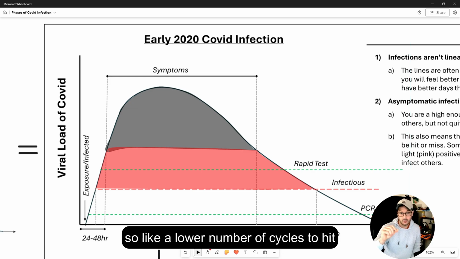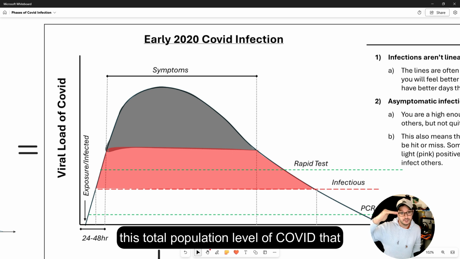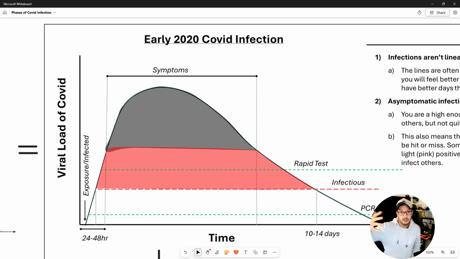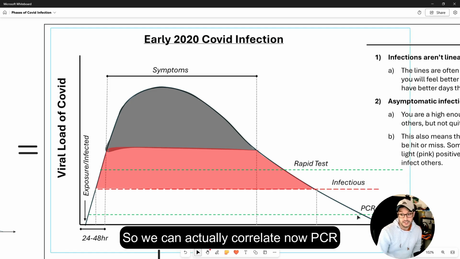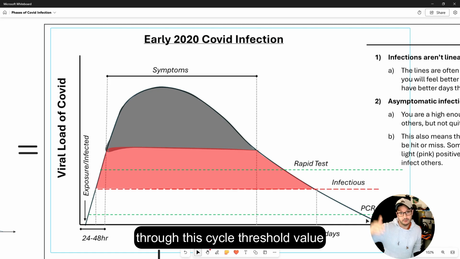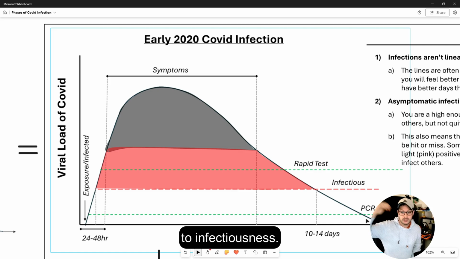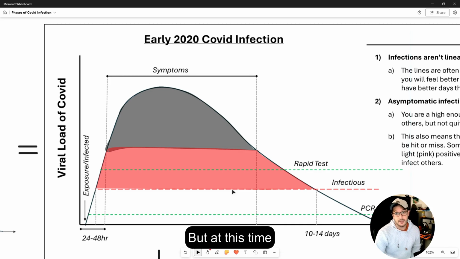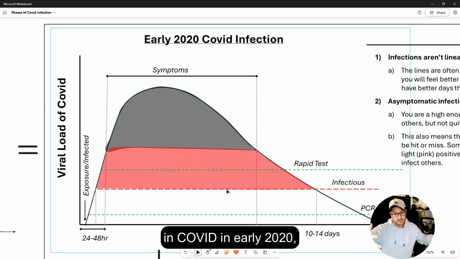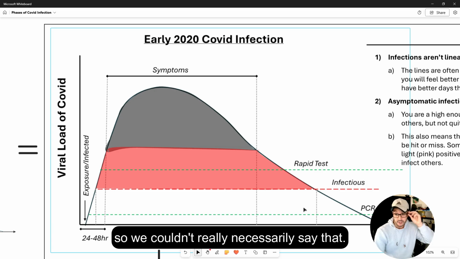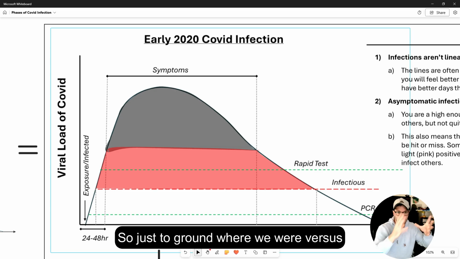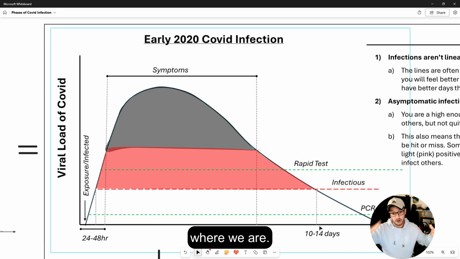And so a lower number of cycles to hit this total population level of COVID that you were growing, that means you're really sick. But if it takes more cycles, you're less sick. So we can actually correlate now PCR through this cycle threshold value to infectiousness. But at this time in COVID in early 2020, even up to like 2021, we didn't have that. So we couldn't really necessarily say that. So just to ground where we were versus where we are.